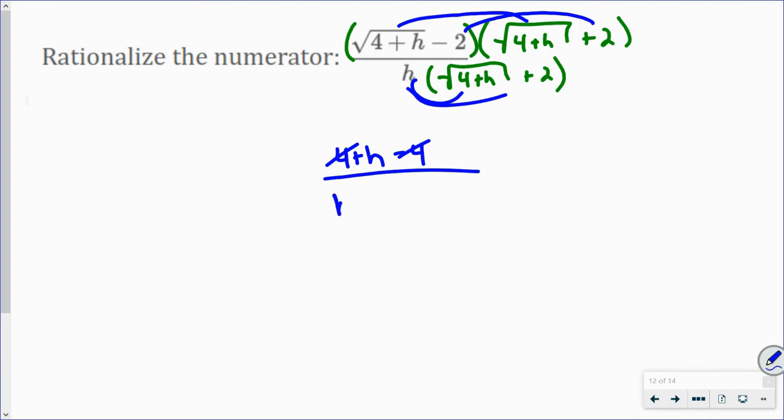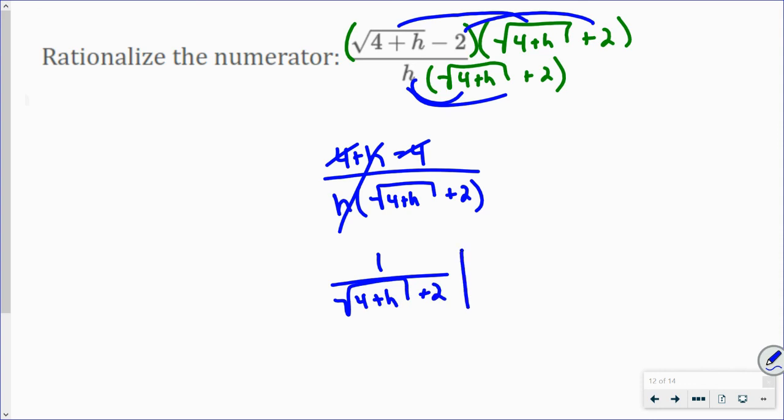If I leave that h out, I get the square root of 4 plus h plus 2. Okay, so these h's now cancel out because you have an h over h times this quantity. So you have 1 over radical 4 plus h plus 2. And you're done.